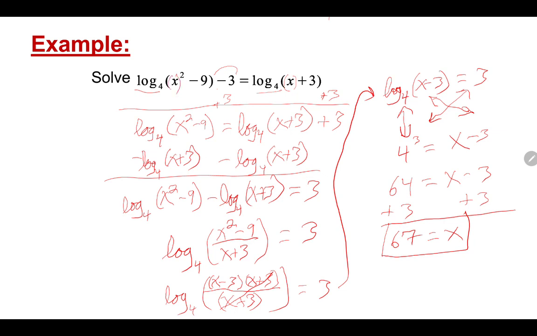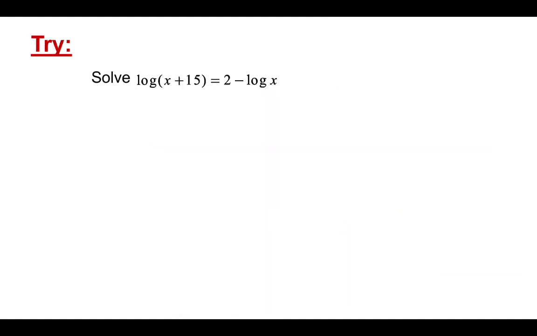Here, I'm actually squaring 67, so it's a much bigger number, much bigger than 9, so it will stay positive as an argument. So that is indeed my solution. Now one for you to do. Again, get your logs together first, and then combine them into a single log, and then convert it to exponents.